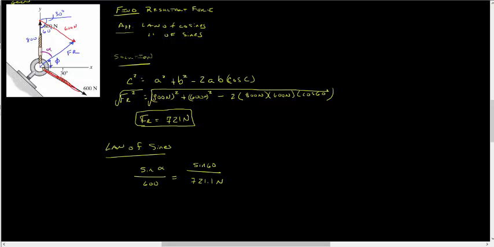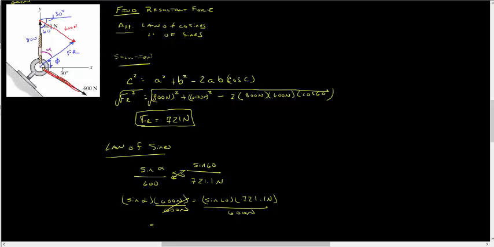Now if I cross multiply this, I get sine of alpha times 600 newtons is equal to the sine of 60 times 721.1 newtons. So all I'm doing is cross multiplying. If I divide by 600 newtons on each side, those cancel.